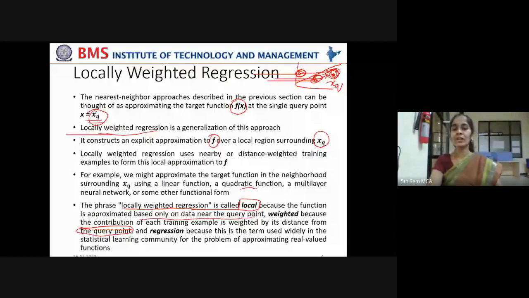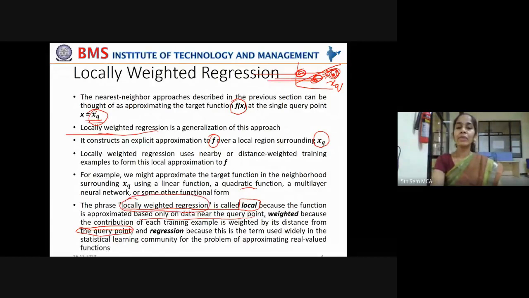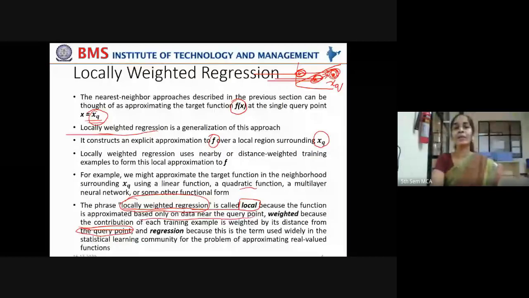So in the statistical community, we generally call regression the task of predicting the outcome variable as a continuous numerical value. That is why we call this method locally weighted regression. Locally because we are taking only the neighborhood data points, weighted because we are giving them some weight based on the distance from the new instance, and regression because you are trying to predict some numerical value. Got it now? Why we call it locally weighted regression?